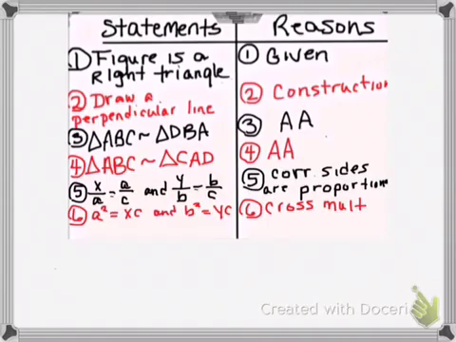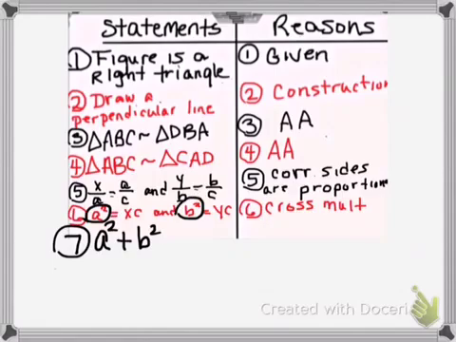So I go to statement 7. Statement 7 says I'm going to add them together. So I'm going to say A squared plus B squared, because I'm adding the left sides of each equation. And that's going to equal XC plus YC. And all I've done is combine my two equations by addition.